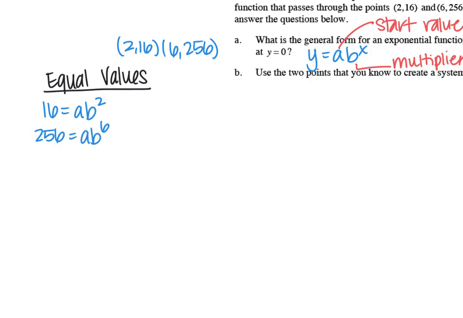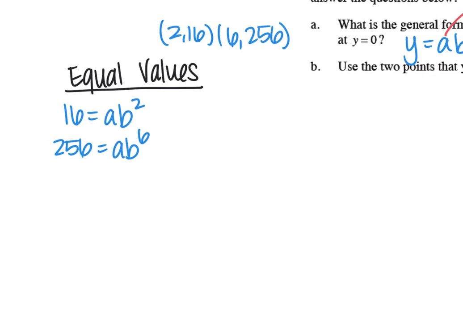Now, in order to use equal values method, I need two equations that have the same variable alone. Both of these equations have an a value with a coefficient of 1. They're just 1a. So the easiest thing to do is to rewrite each equation in a equals form. And in order to do that, I have to divide by the b value and its exponent.